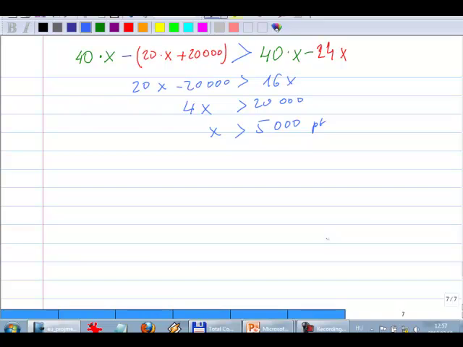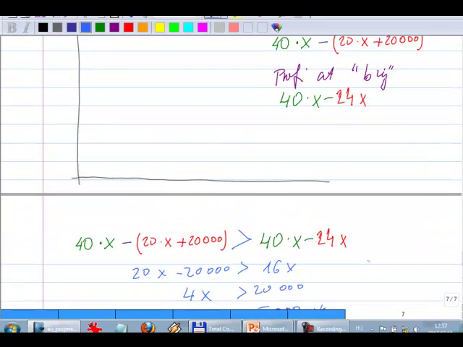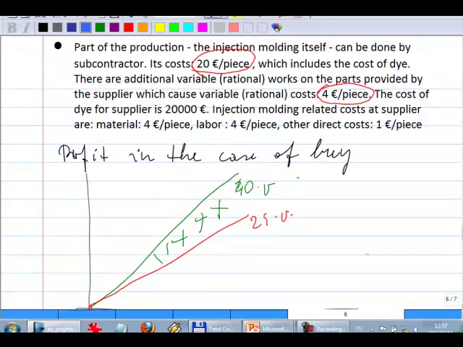Buy. Okay. No, I am the buyer, you are the supplier. I need 1,000. What will happen?